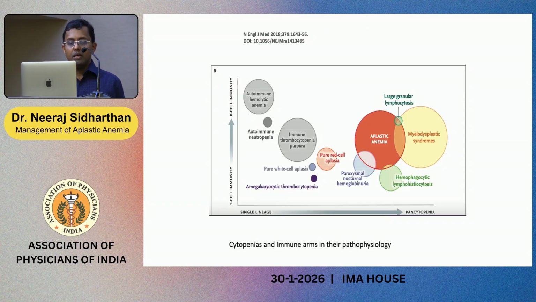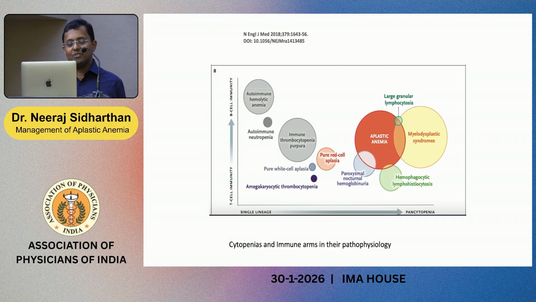So this is from, I think, 6 years back in the New England Journal of Medicine. This was an article by Neil Young, who has done a lot of work in aplastic anemia, and this was a beautiful figure which depicts largely our ignorance about this subject.